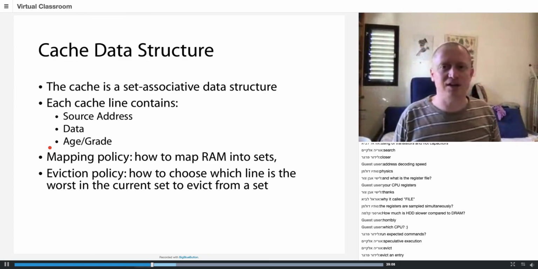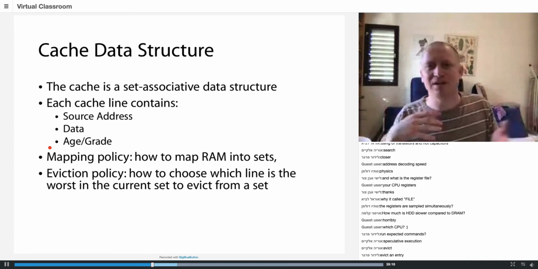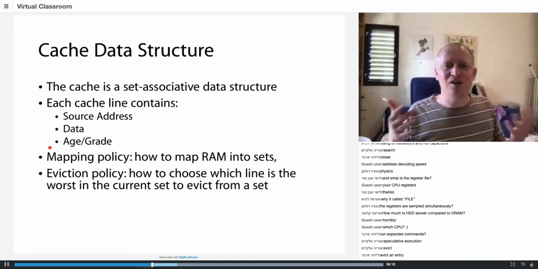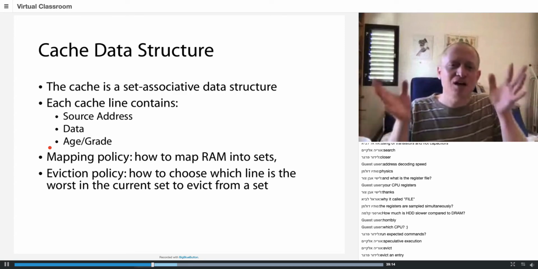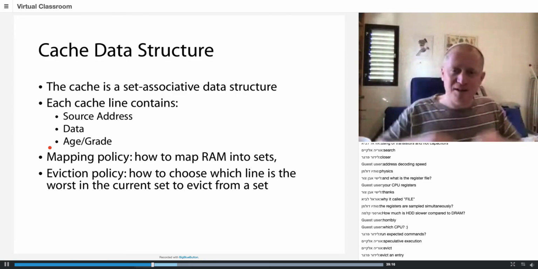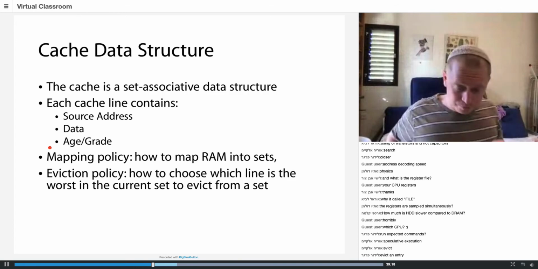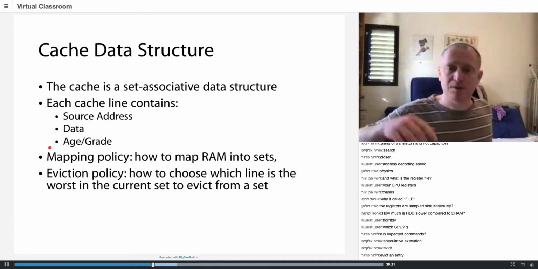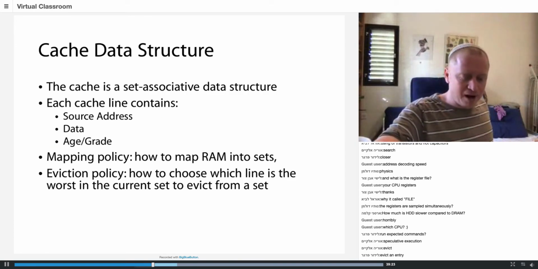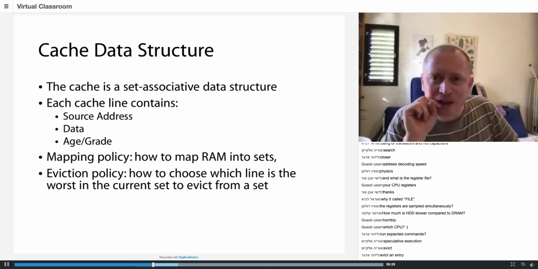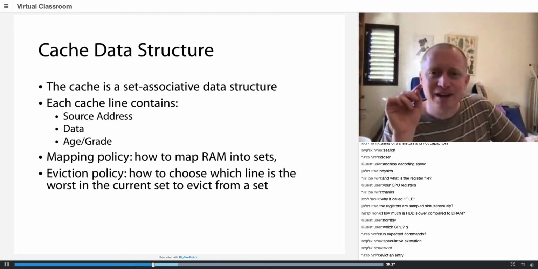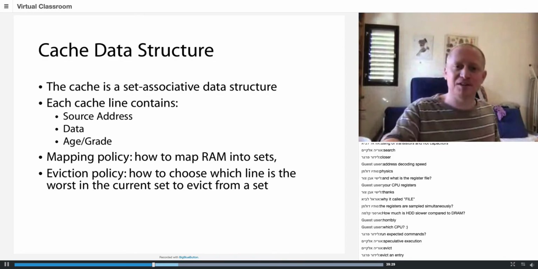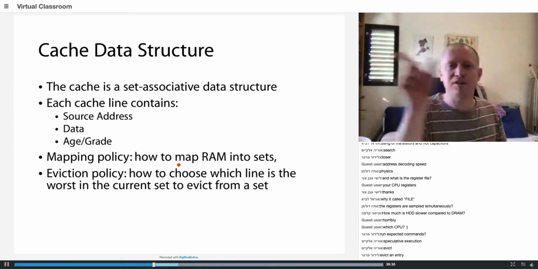So if you're using the memory in a non-offensive way, you're going to get a nice spread of your data all over the cache sets. But if you're an adversary, and you know the mapping policy and you're very, very creative, you can force an entry out of the cache very quickly.